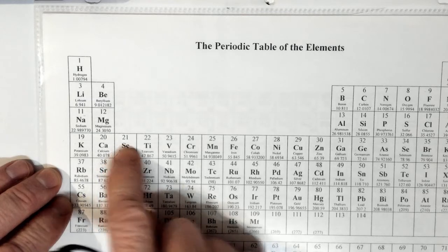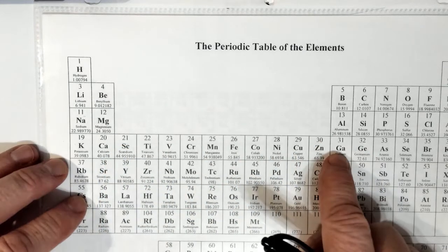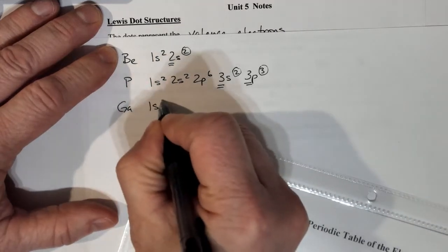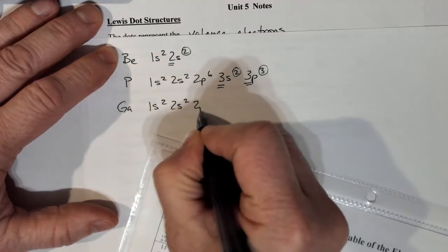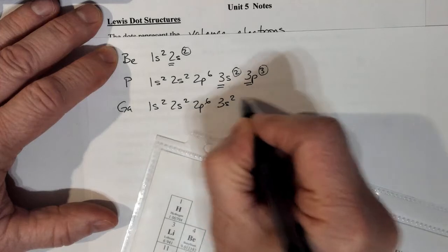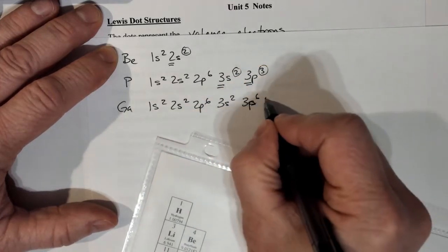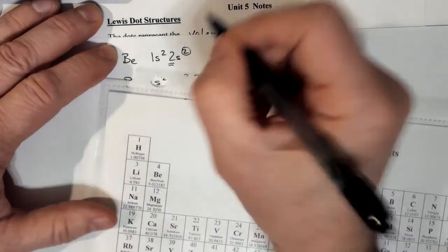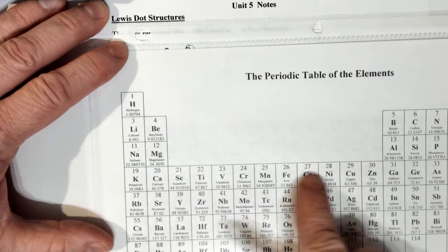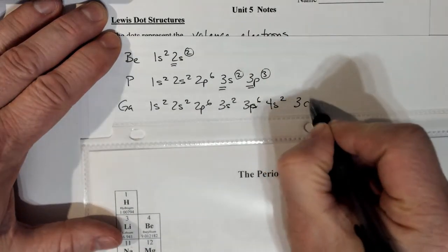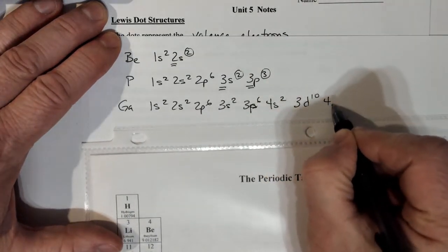So if I was going to do, let's say, gallium, okay, which has 31 electrons. Then to do all 31 electrons, I would simply go gallium, 1s2, 2s2, 2p6, 3s2, 3p6, and then 4s2, and then I go through the 3d area to get to gallium, which is in the 4p1 spot, 3d10, 4p1.